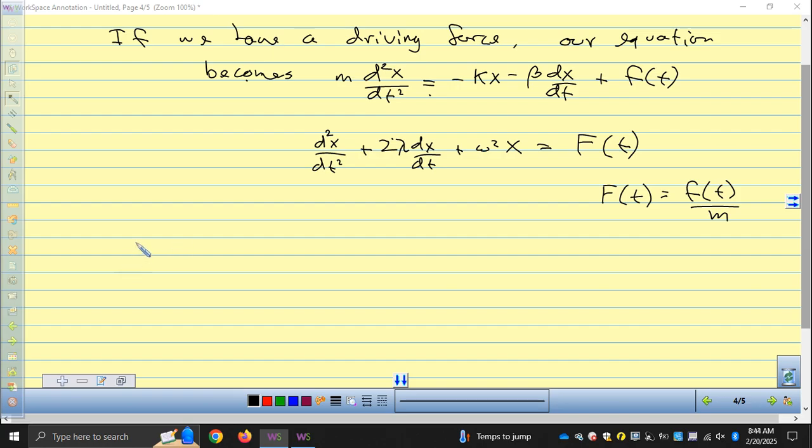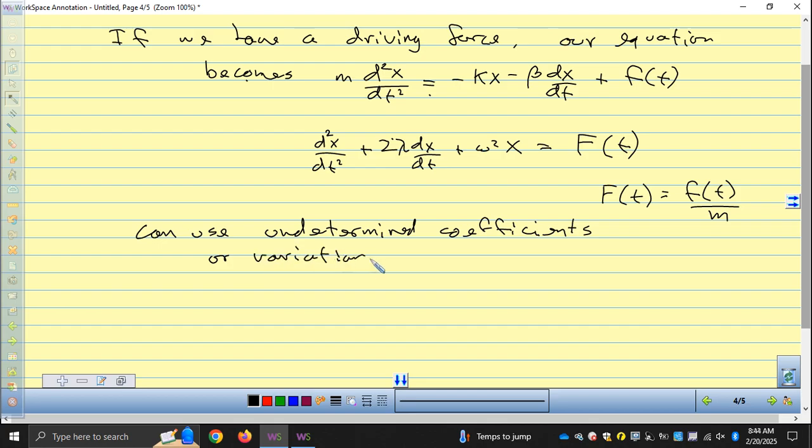So I'm just going to say we can use undetermined coefficients, or variation of parameters, to find our particular solution.